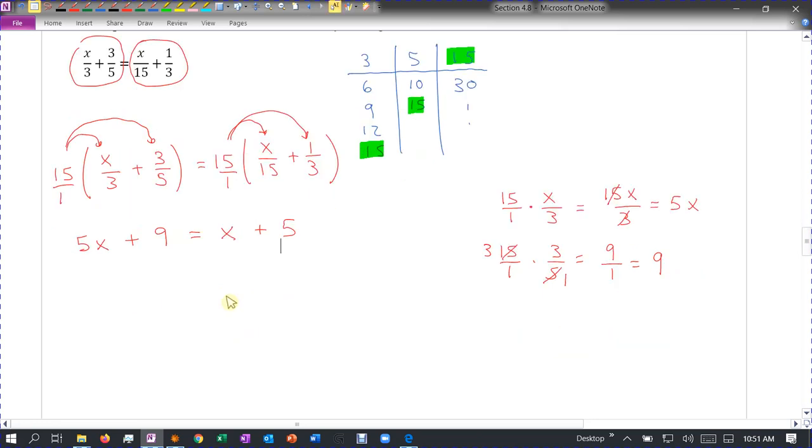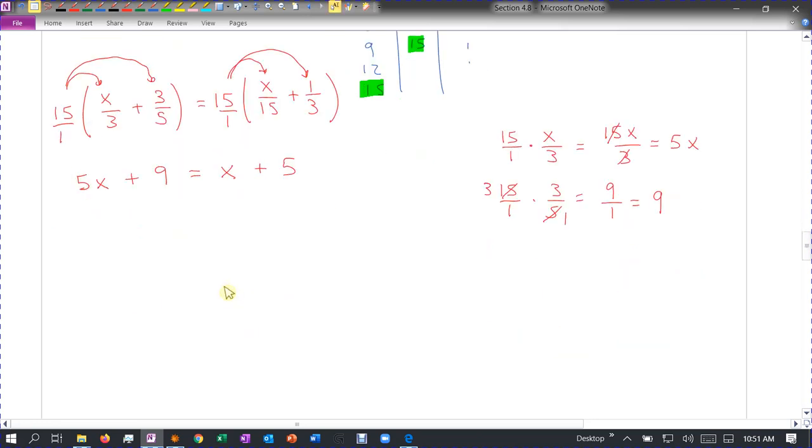So now we're back to an equation, no fractions, but we have our variable on both sides. So we're going to follow the techniques from the previous section. We're going to subtract x here, subtract x here. We're going to get 4x plus 9 equals 5, the x's went away. Now we want to get the 4x by itself, so I subtract 9, subtract 9.